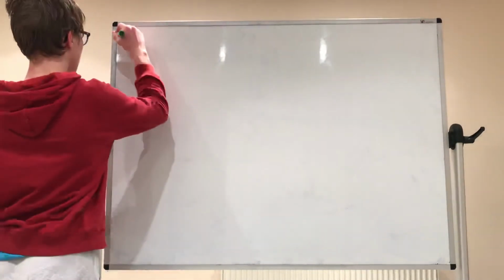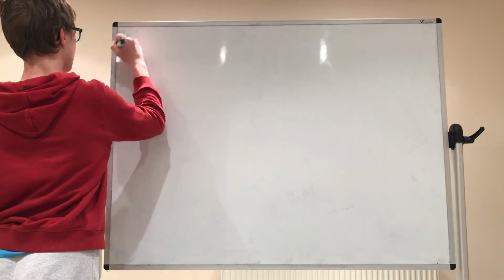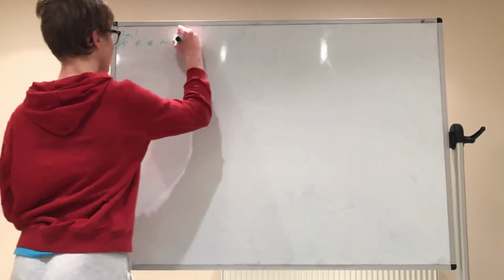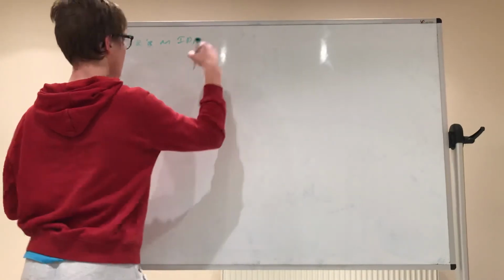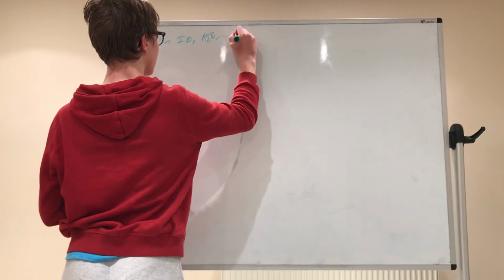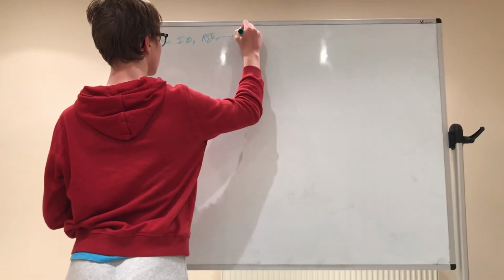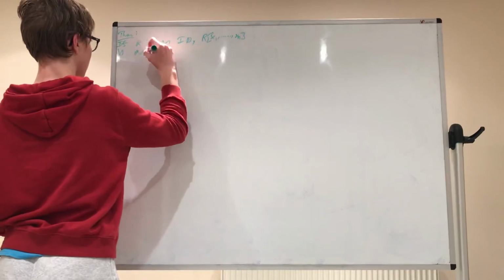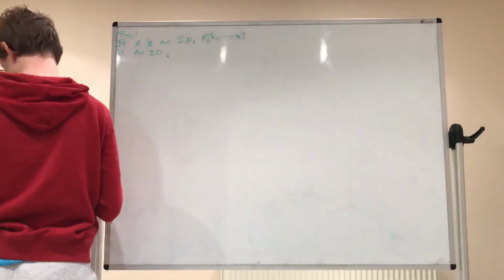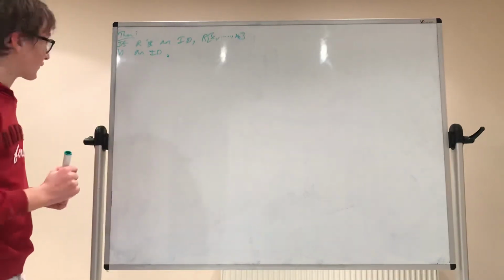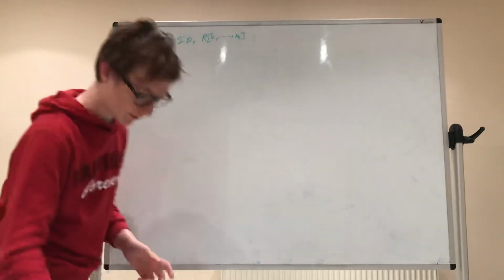So if R is an integral domain, then R of x1 up to xn is an integral domain. And the proof of this is clever. The proof of this is clever.